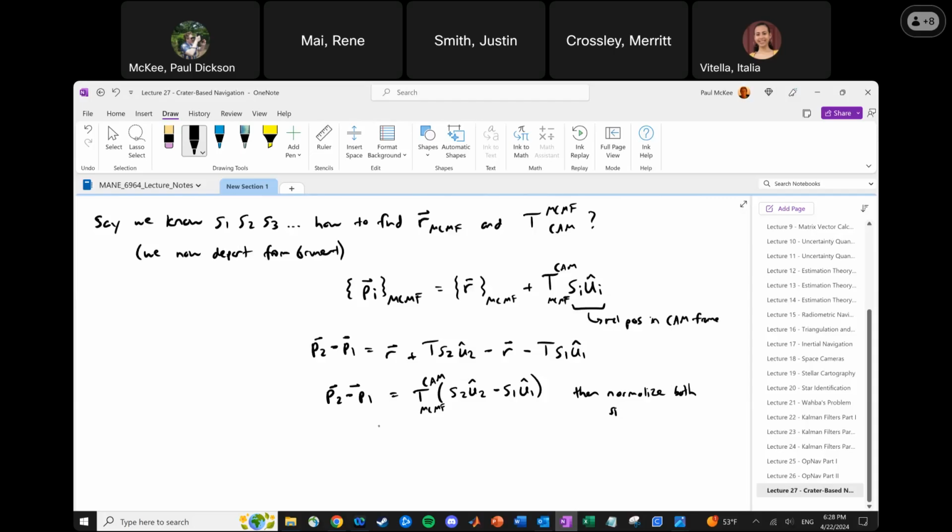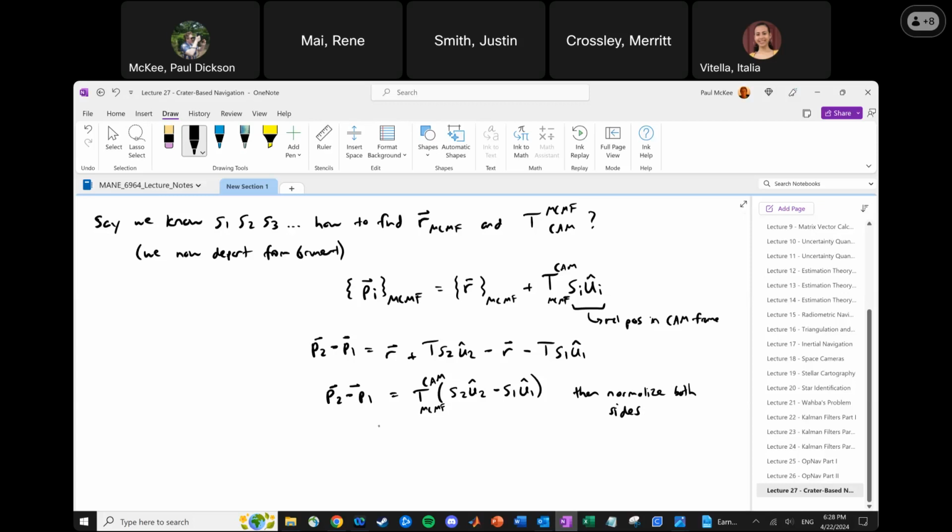And you might be thinking, why in the world are we going down this rabbit hole? Well, bear with me. What I'm saying is the vector from the first crater to the second crater in the world frame and the vector from the first crater to the second crater in the camera frame, I might have just said freighter, I meant to say crater.